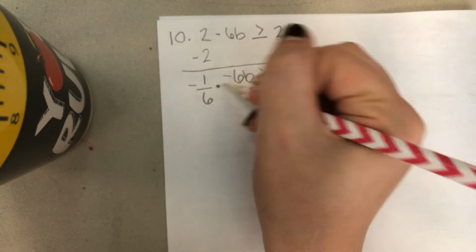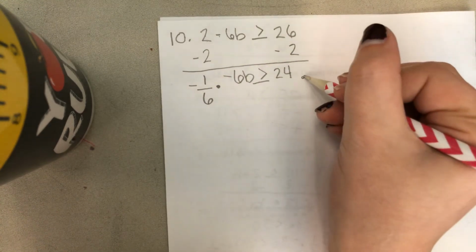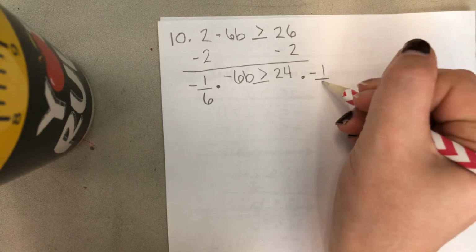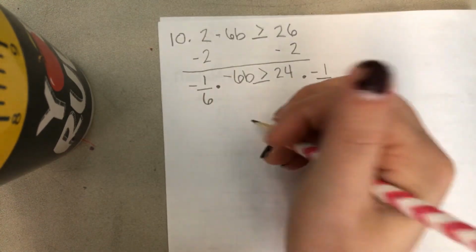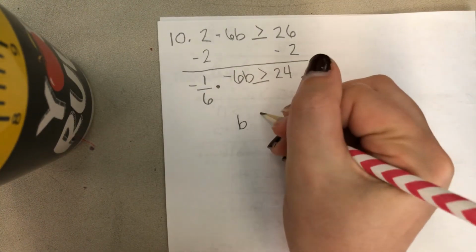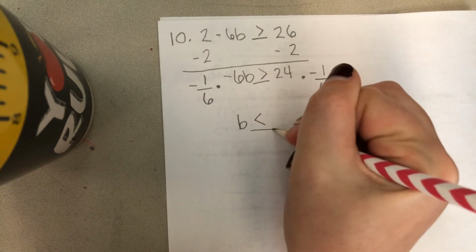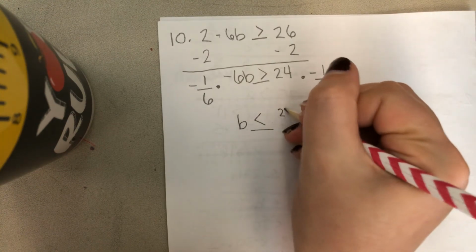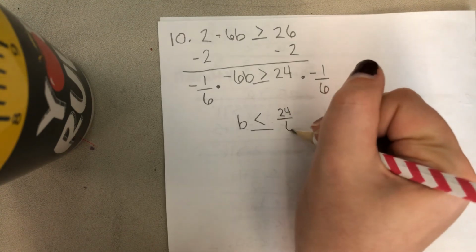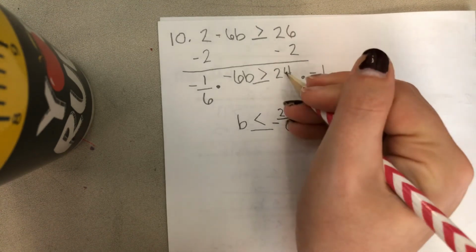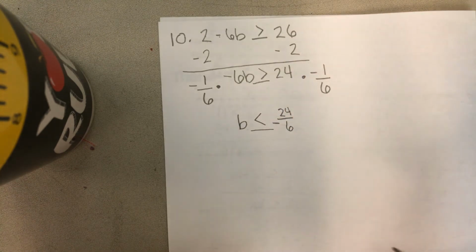The sign stays. So times a negative 1/6. We multiplied by a negative, so what that means is our symbol has to reverse. 24 over 6.